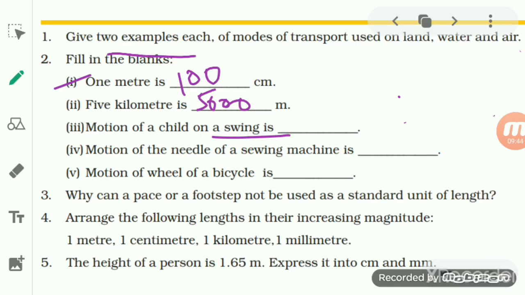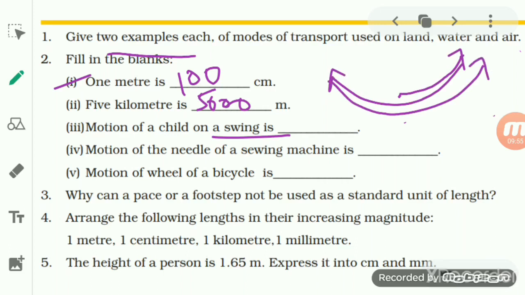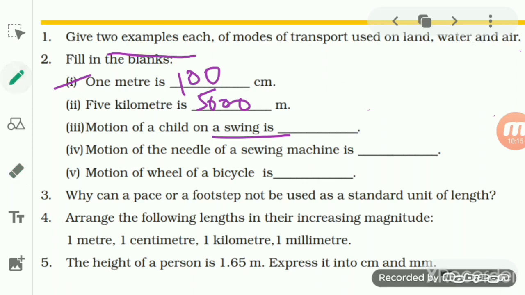If this is the point to start from, at first it will go in this direction upward, and finally it will come back in this direction, then again it goes back in the same direction. So this is a kind of to and fro motion. We can say that this motion repeats itself after a certain interval of time, and that kind of motion is a periodic motion. So we will write here: the motion of a swing is a periodic motion.